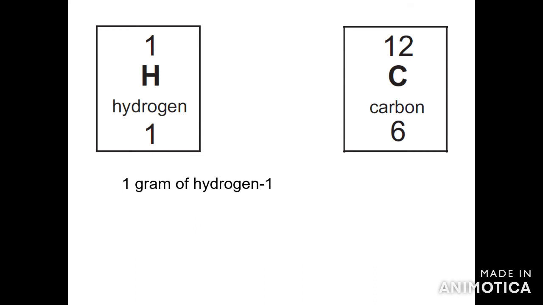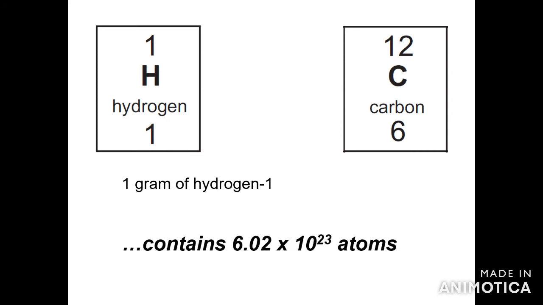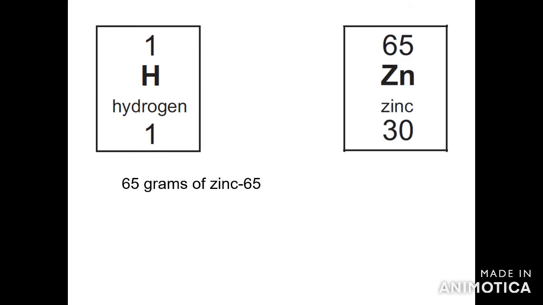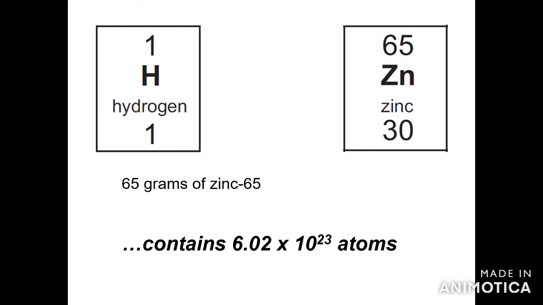Okay, 1 gram of hydrogen contains 6.02 times 10 to the power 23 atoms. Okay, 1 gram contains 1 mole of hydrogen. 65 grams of zinc 65 is 1 mole, and therefore a mole is just counting. 1 mole of zinc 65 contains 6.02 times 10 to the power 23 atoms.